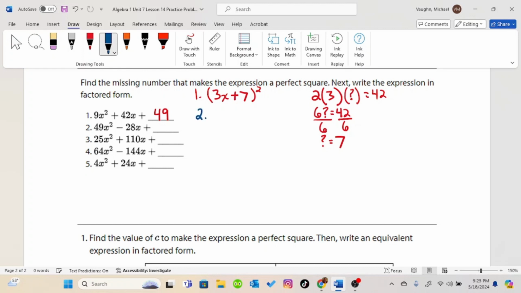Number 2. I know that the square root of 49x squared would be 7x. I know that I would be multiplying 2 times 7 times something to get negative 28. 2 times 7 is 14.